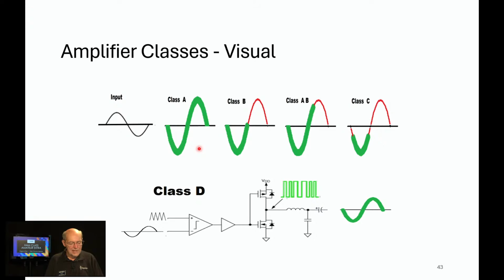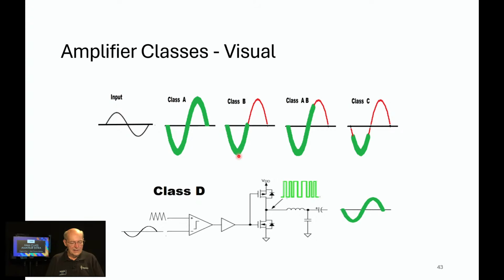Now Class B is a little bit different. With Class B, the transistor or the amplifier is biased in such a way that it's only going to be amplifying 180 degrees of the input waveform. And you might be saying, why in the world would you want to do that? Well, the reason for these other classes is that the Class A amplifier has to be conducting through its entire cycle, meaning it needs to take quite a bit of power.